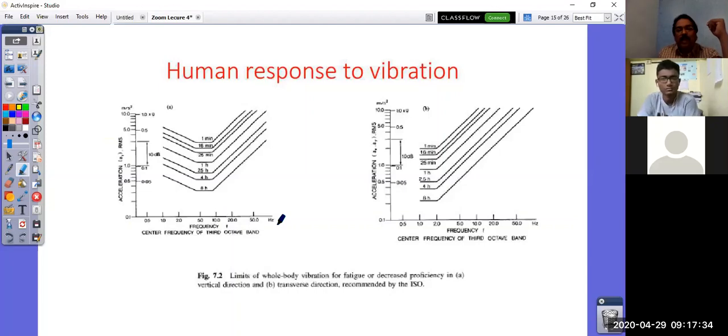Up to this frequency range, the amplitude keeps dropping as a function of frequency. Then it's stable. Then again, you see that higher amplitude can be permissible for these higher frequencies.